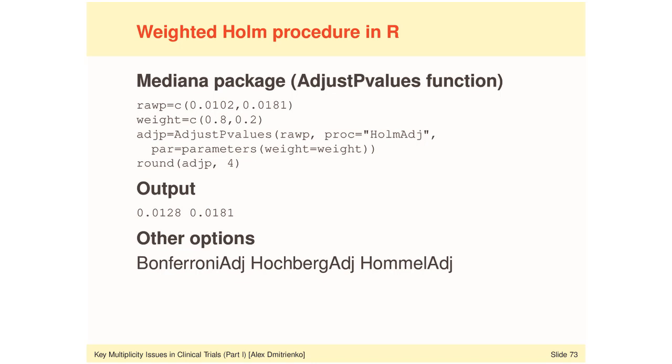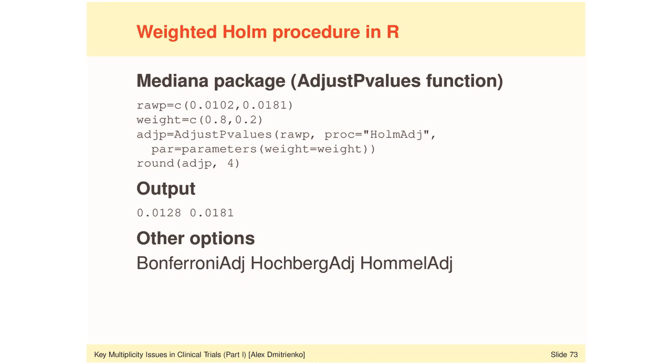Weight is set to a vector of 0.8 and 0.2, and then this parameter is passed to the AdjustPvalues function using the par parameter, as you can see on the slide. If the vector of weights is not specified, I would like to point out that the AdjustPvalues function will simply use the default set of hypothesis weights, and with this default, the hypotheses will be equally weighted.